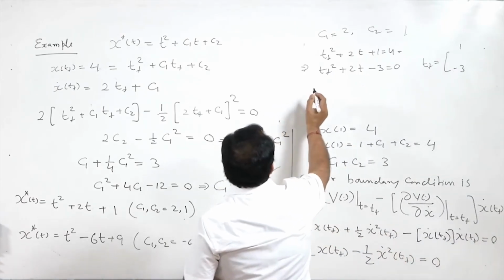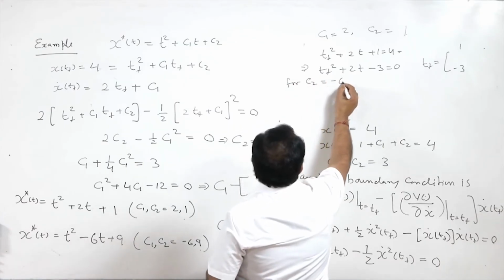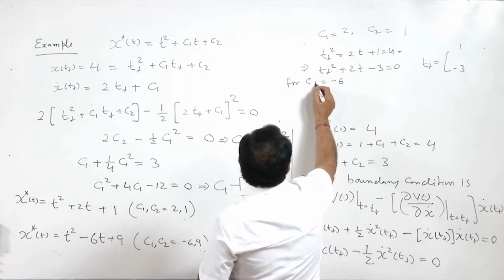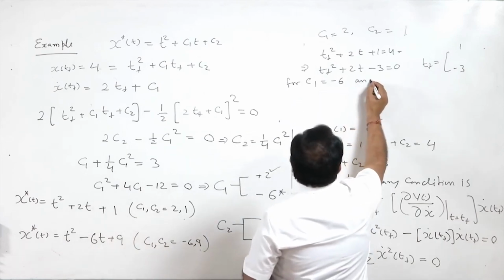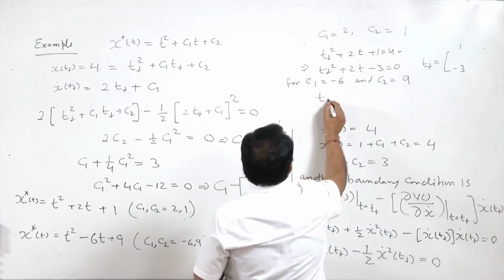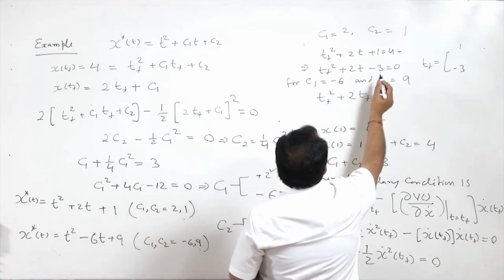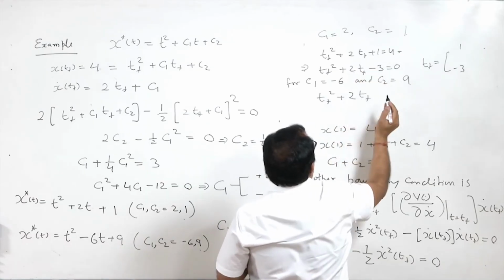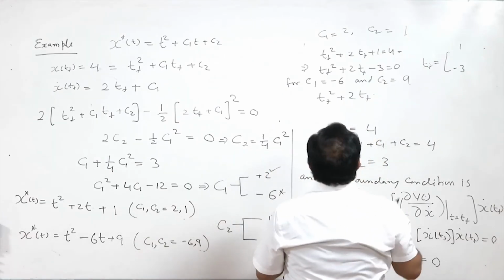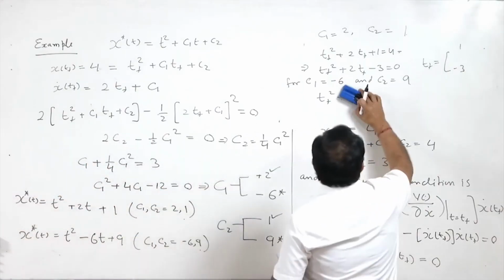For the second solution, C1 equal to minus 6 and C2 equal to 9, I have TF square plus 2TF, sorry, I have to correct it.